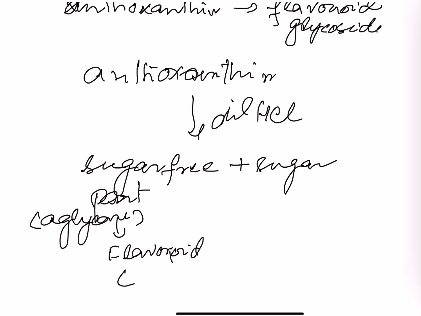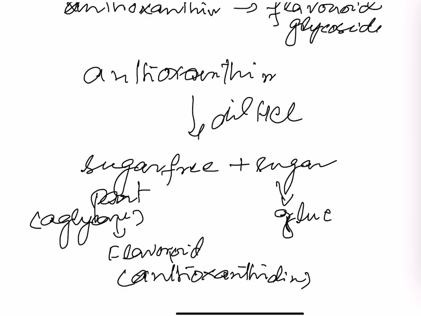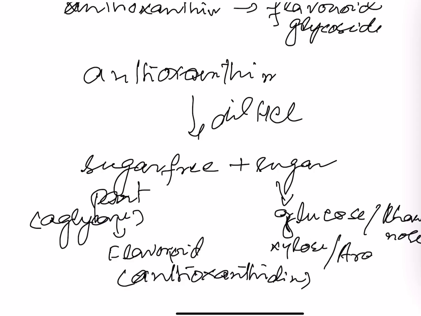It is also known as anthocyanidin. And the sugar can be glucose, rhamnose, xylose, arabinose, as I told you, and so on.